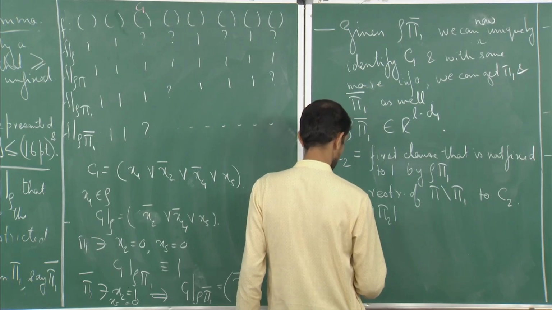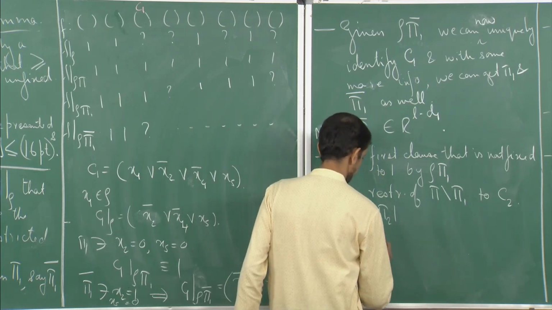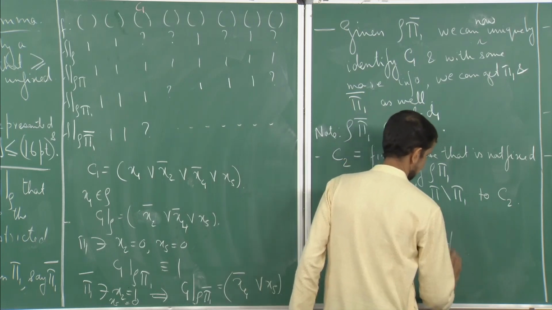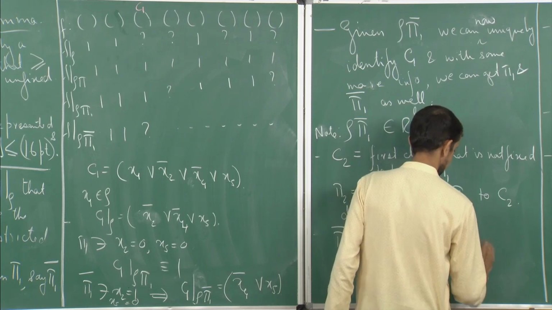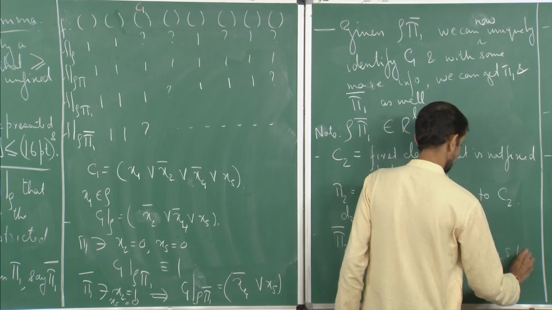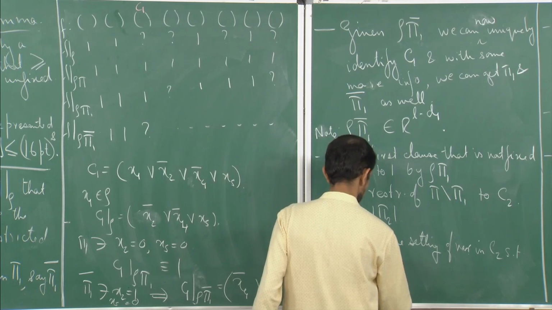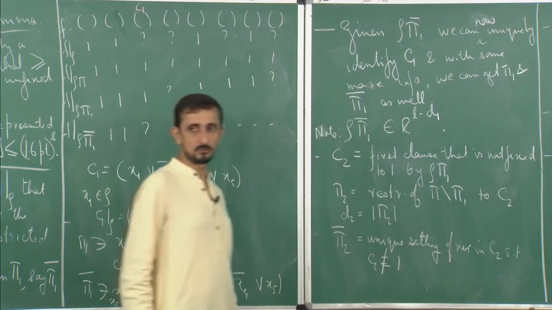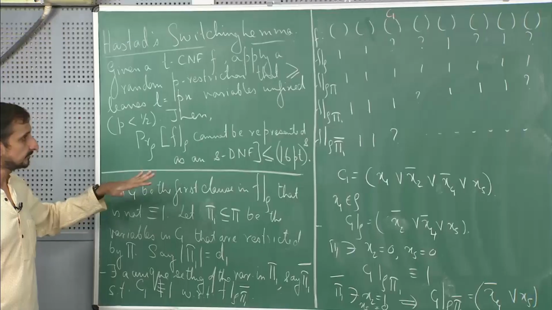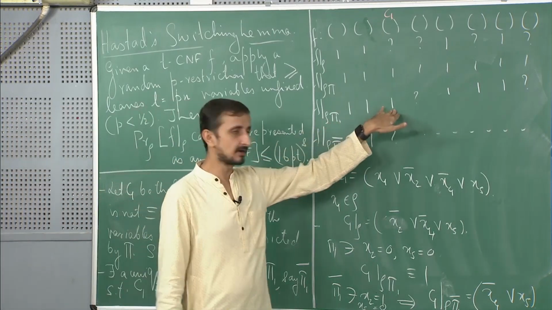Similarly, pi 2 bar is the unique setting of variables in C2 such that C2 is not identically equal to 1. Okay. So, we just continue in this manner. So, we have rho pi 1. Okay. So, in rho pi 1 C1 got set to 1.